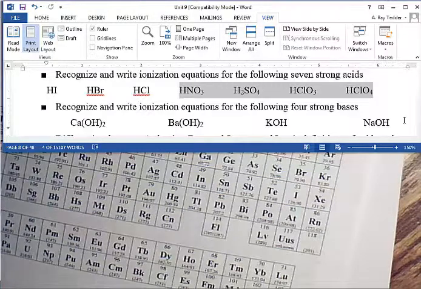So a strong oxyacid has 2 or more oxygens more than the number of hydrogens. Okay? A strong oxyacid has 2 or more oxygens more than the number of hydrogen atoms in the formula.